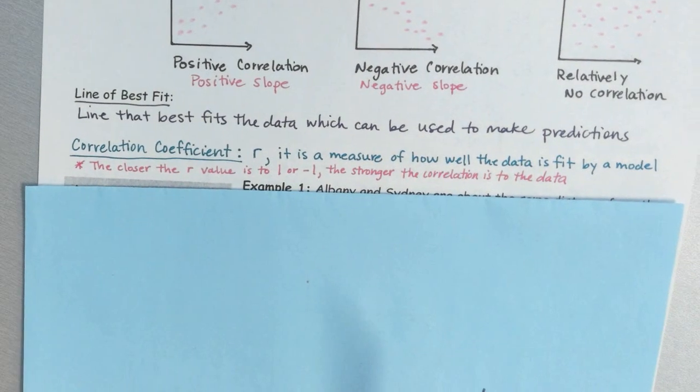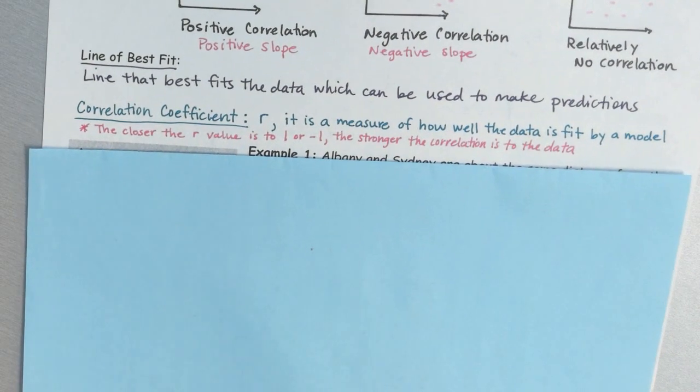Once we find that line of best fit, we want to know what that correlation coefficient is, because that tells us if we have a really good model or a really weak model. That tells us how well the data is fit by the equation that we found. And again, today we're dealing with linear models, so we're going to be finding linear equations.